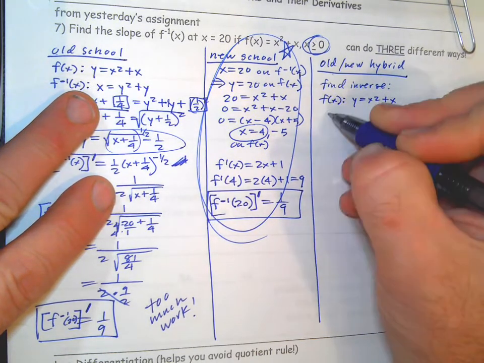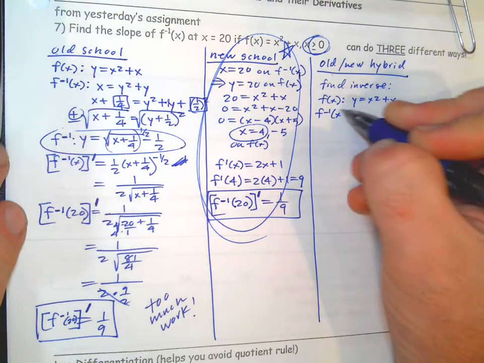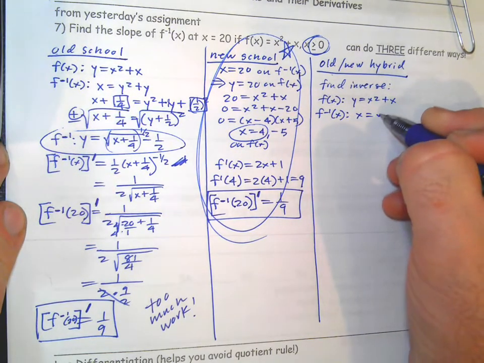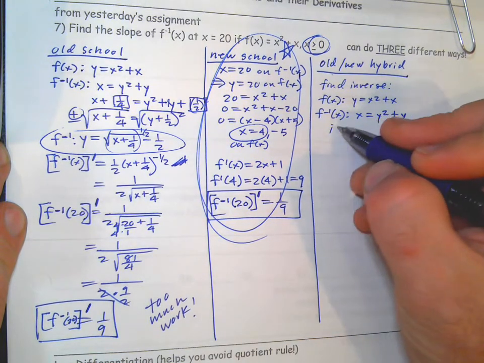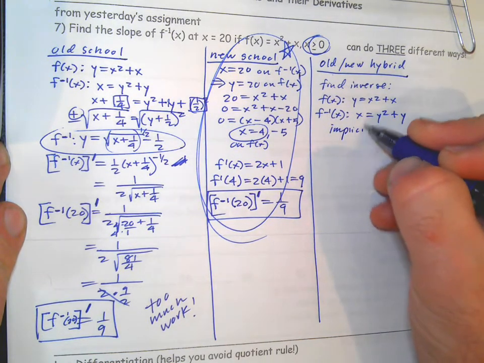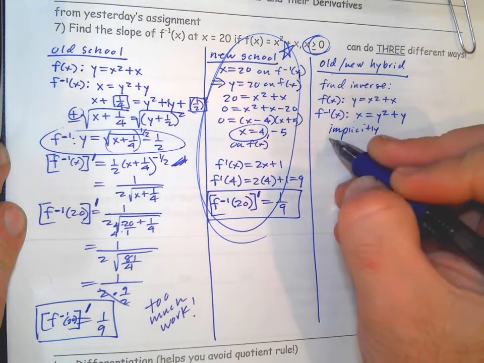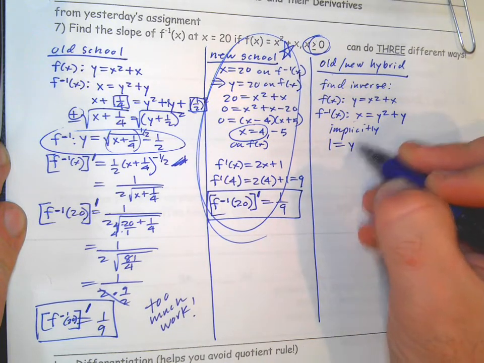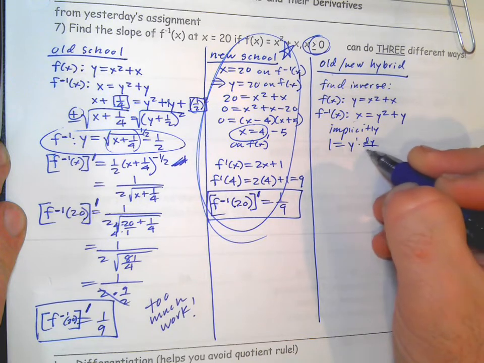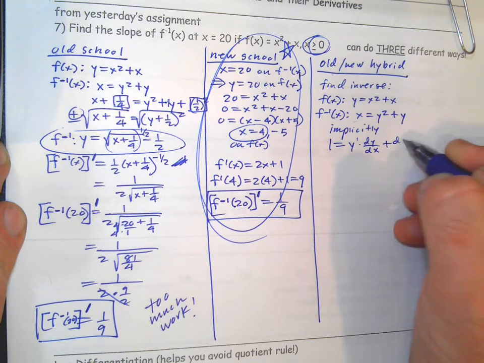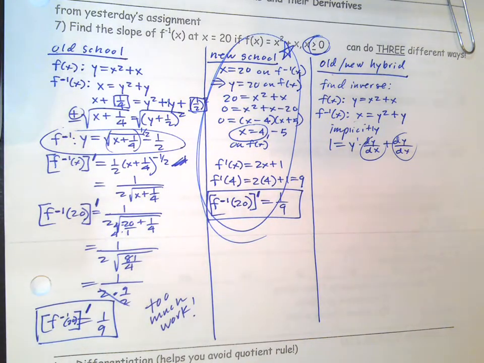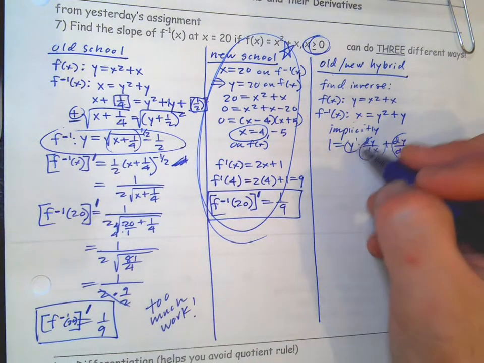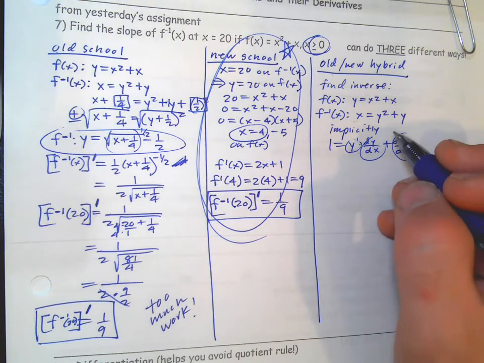So we could just simply swap the x's and y's, but then not try to solve for y, and take the derivative implicitly. Derivative of x is 1, derivative of y squared is 2y to the first, times derivative of y, what's inside, dy/dx, plus dy/dx. And this is what you're looking for. The one problem is that you need the y value on the inverse function.